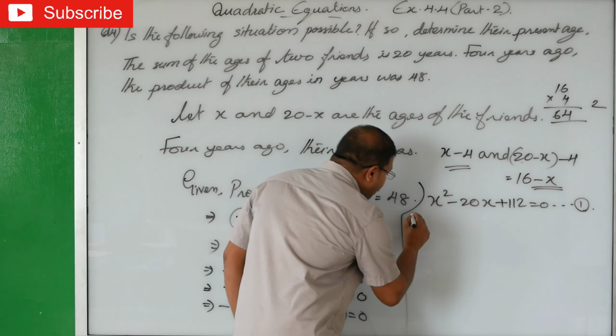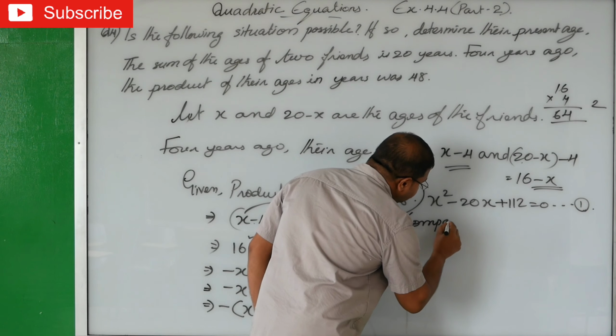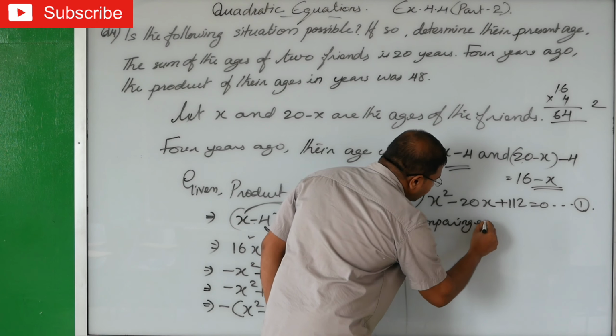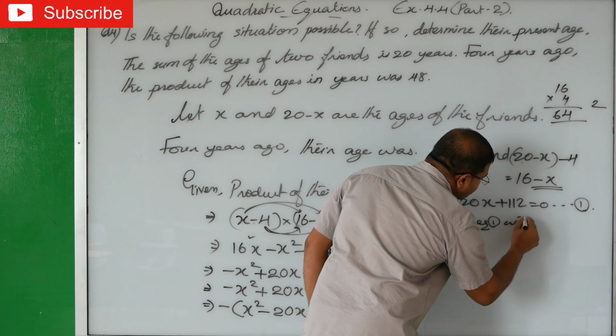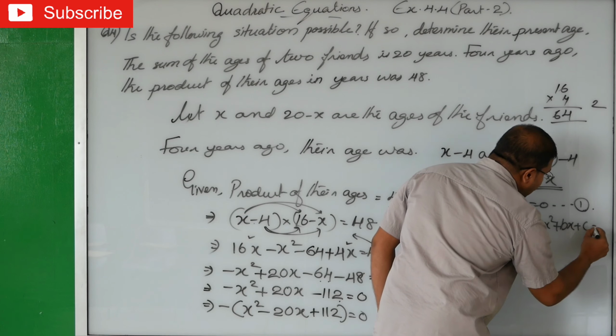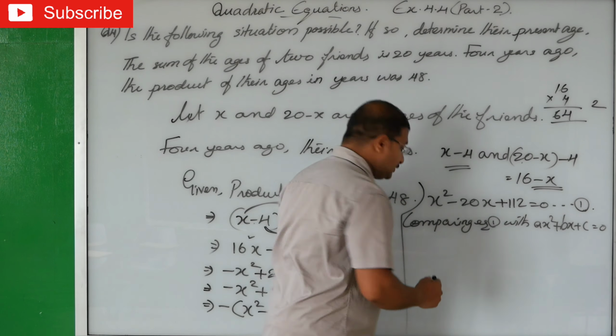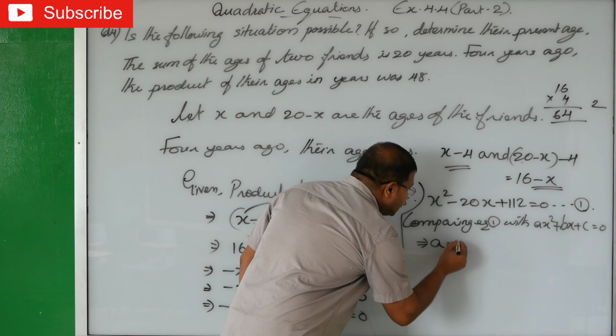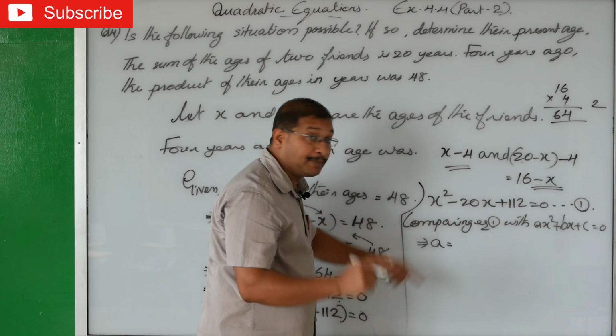Now what will you do? Comparing equation 1 with ax square plus bx plus c equal to 0, this implies the value of a, which is near x square, no number means 1, isn't it?